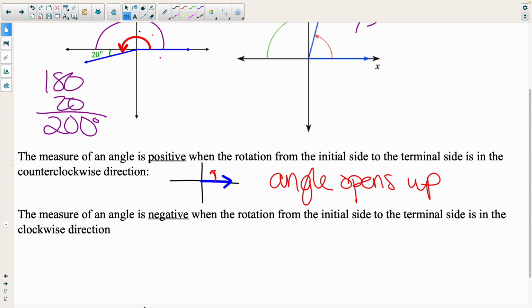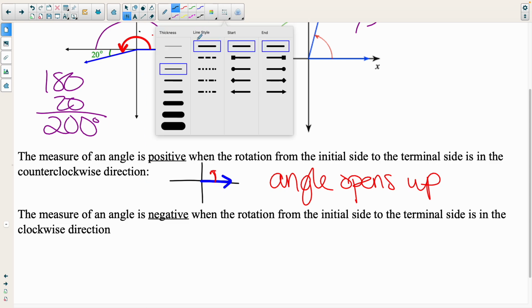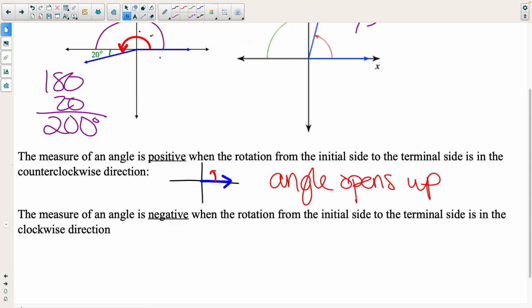Then it's positive. And vice versa, if that angle opens downwards from the x-axis, that's going to be a negative angle. So in standard position, if that rotation opens down like that, that's when you have a negative angle measure. That's this angle.